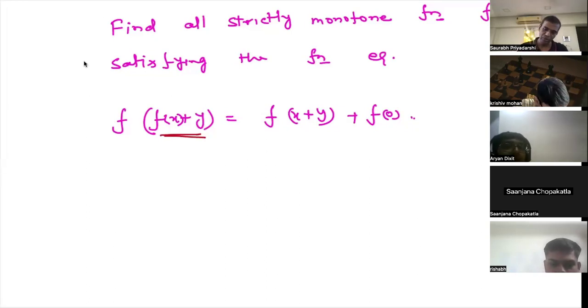Right. f(0), obviously f(0) is a constant. If I put 0 in all of this, f of f(0) is equal to twice f(0), some constant is coming.